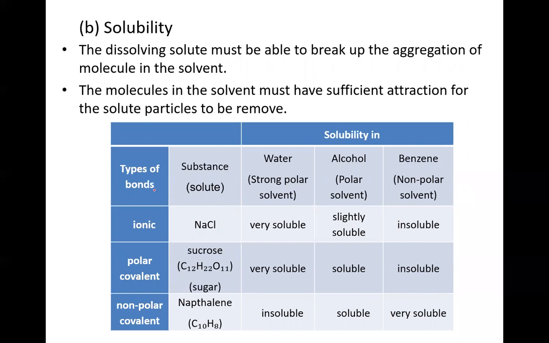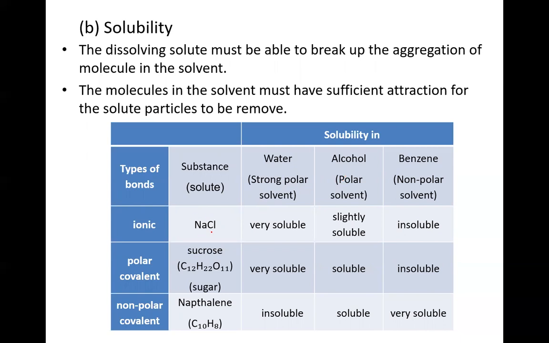So, type of bond and substance. For example, with water, the type of bond is ionic bond, and an example of a substance is sodium chloride. Sodium chloride is very soluble in water because water has sufficient attraction to remove and separate the solute particles.